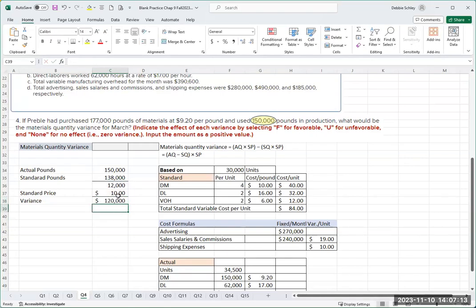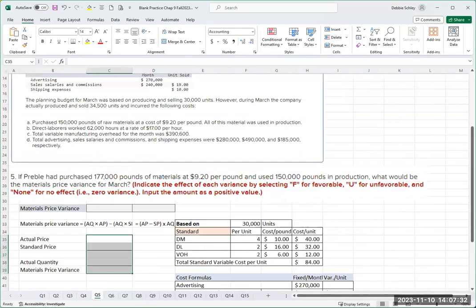So normally that's not going to happen, but apparently it did. So equals 120,000. So it's the same number, but yeah, it's still unfavorable because actual was more than the standard. Okay, that's question 4.